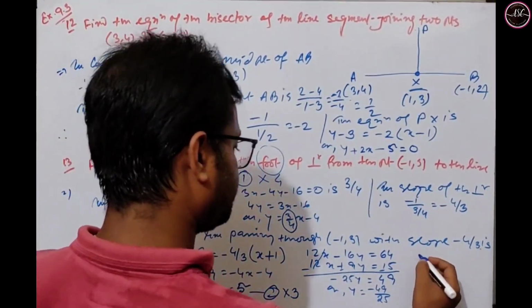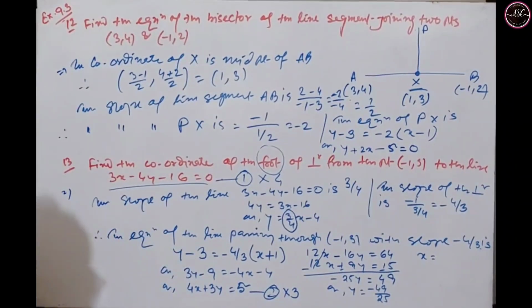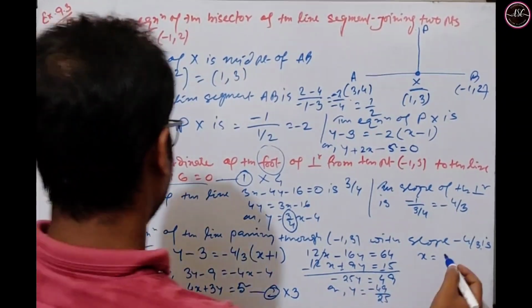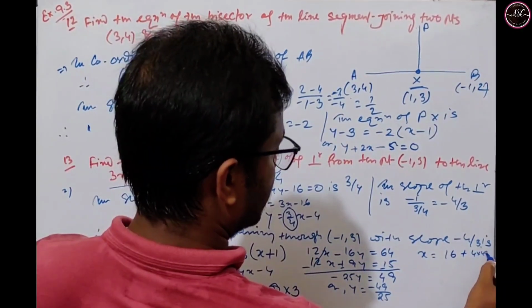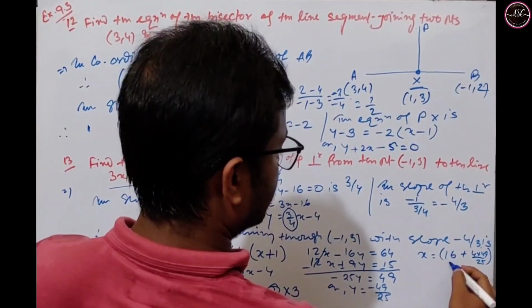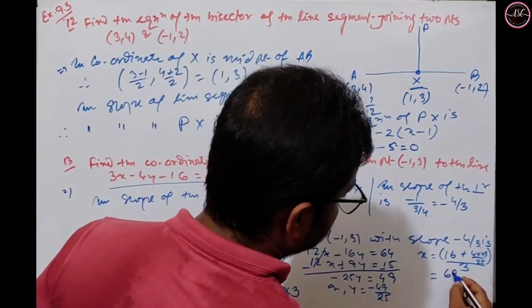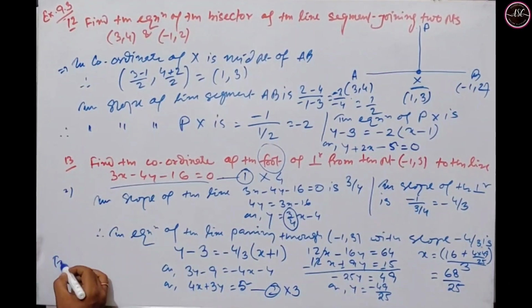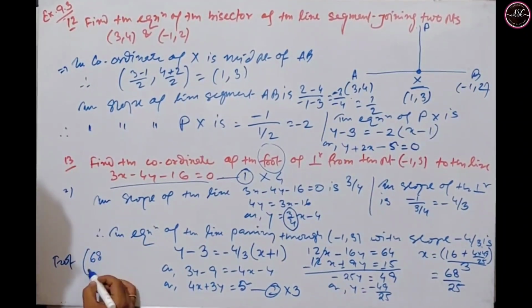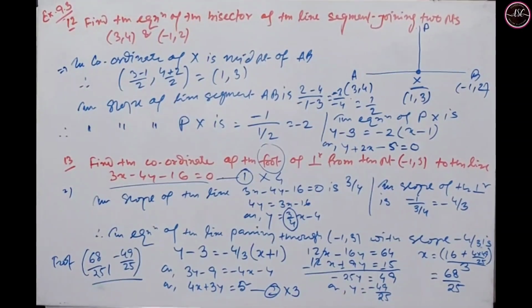And for x, just put the value of y here, we get x equal to (16 plus 4 into 49 by 25) divided by 3. So just calculate this, that will be 68 by 25. So the coordinate of the foot equal to 68 by 25 comma minus 49 by 25. Okay, that will be your answer.